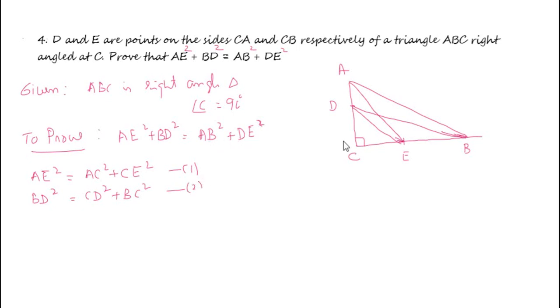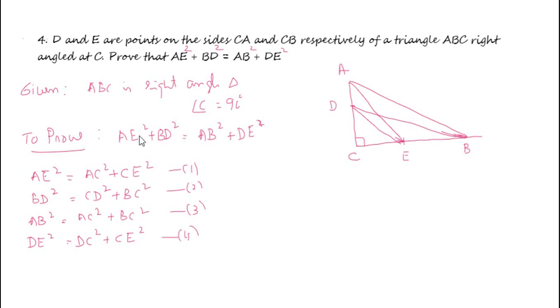Then AB square is equal to AC square plus BC square. Last one, DE square equal to DC square plus CE square. This is 4.